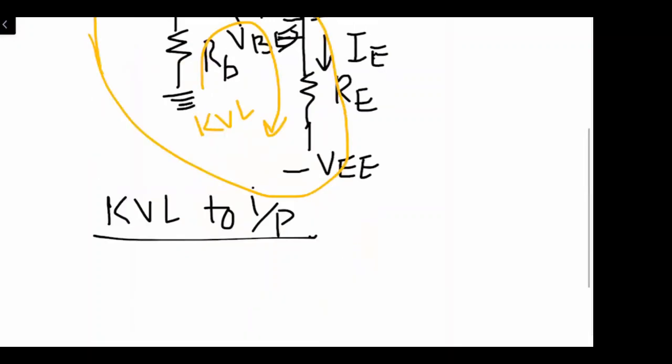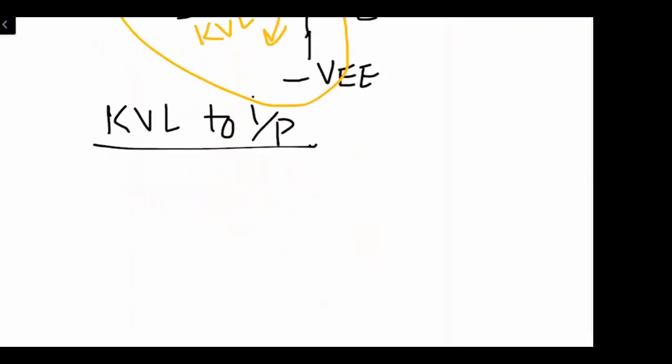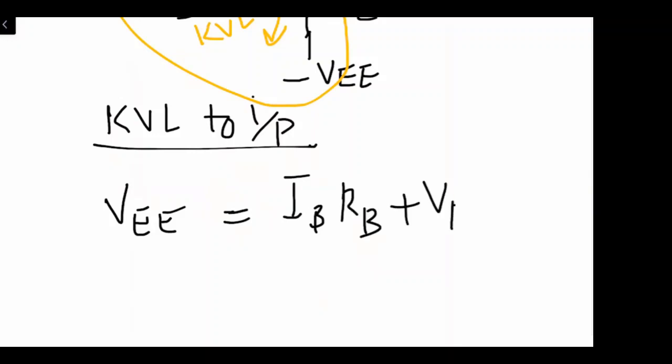KVL to the input will be: VEE is equal to IB RB plus VBE plus IE RE. Are you with me? Yes, sir. Okay.